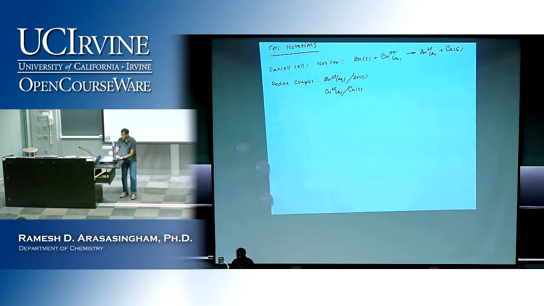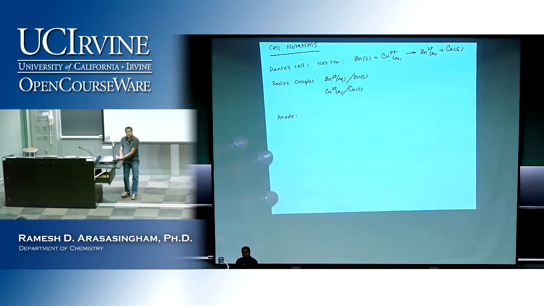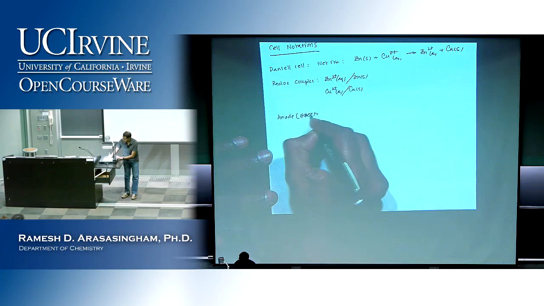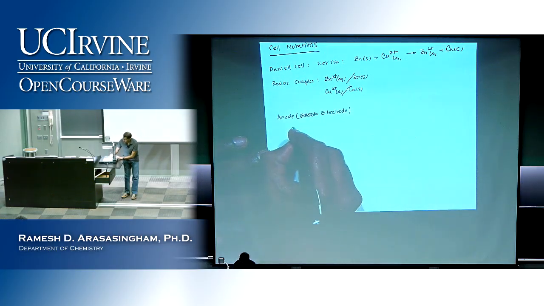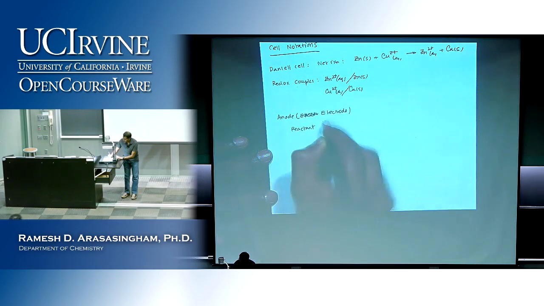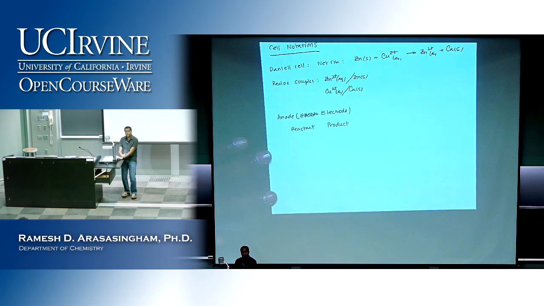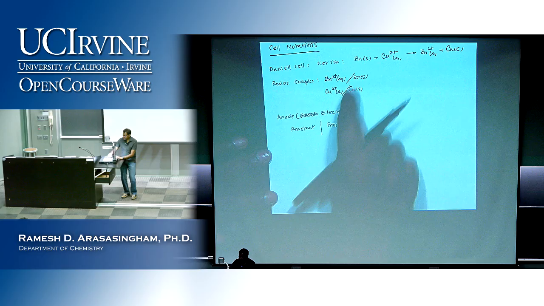Now, if we want to describe the cathode for this reaction, let's start with the anode because it's always in alphabetical order. Now, when you write the anode, this is called the notation for the electrode. You always write the reactant first and then the product. And a vertical line is different from a diagonal line.